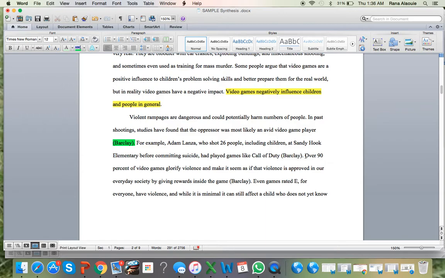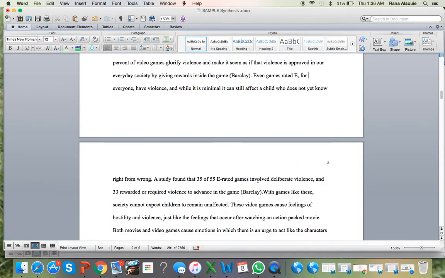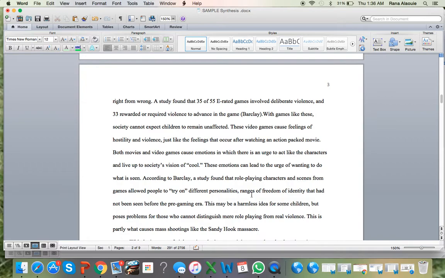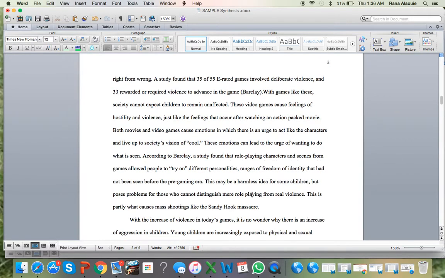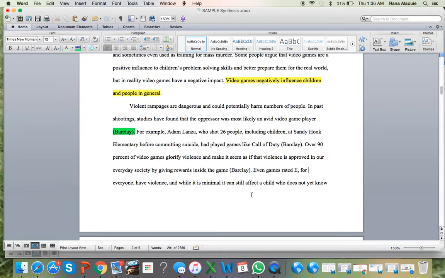Now, there's a couple of things that I would have changed here, because she continues, as you can see here. She's providing a lot of information from this one article, which is fine, but there's a certain way to go about that. If you're providing information from the same article back to back like that in a paragraph, you don't necessarily have to cite it after every sentence.